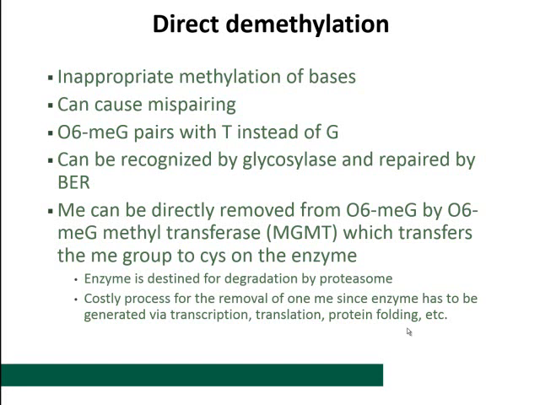And so you can look at it this way: the repair of one abnormal methylation will destine this enzyme for destruction, even though the repair occurs. In that way, we can say that this process is very, very expensive. And so this is just a really brief introduction to DNA repair.